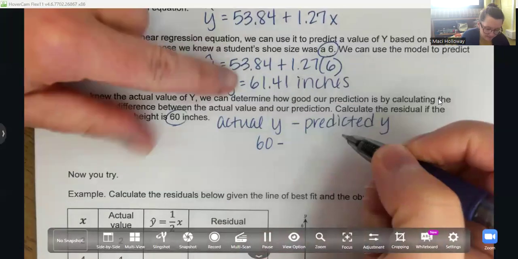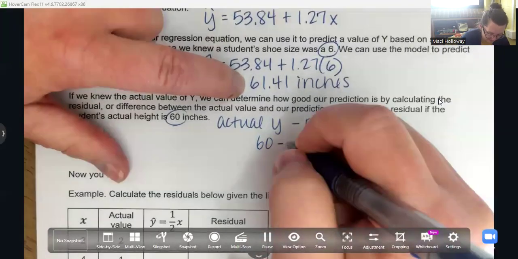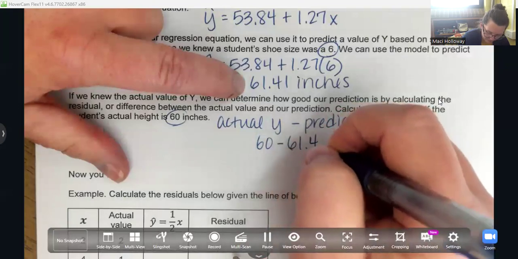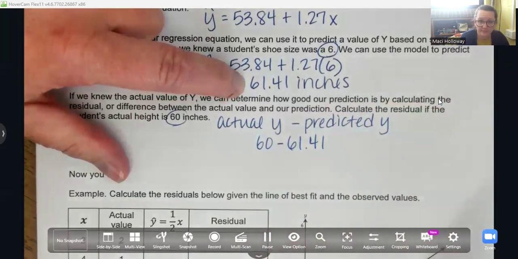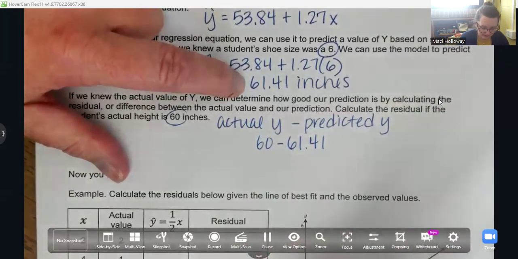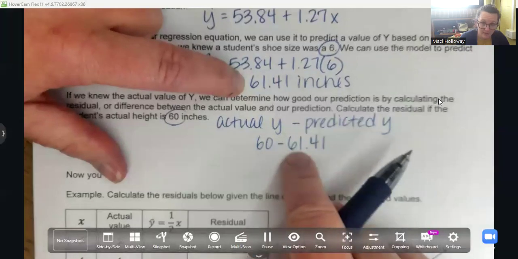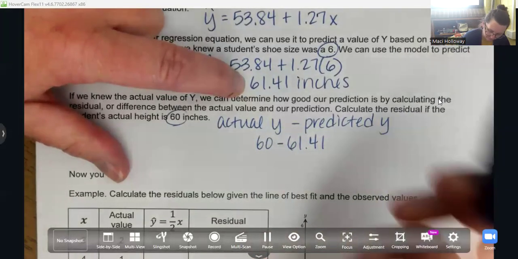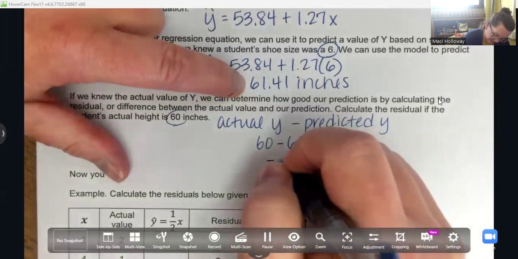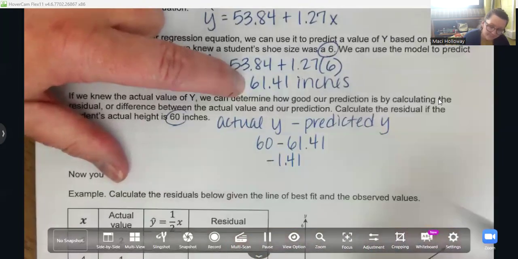We're going to subtract this predicted y value of 61.41 inches. So we're a little bit off, right? This predicted value is a little bit higher than our actual value. So we're going to get a negative 1.41.